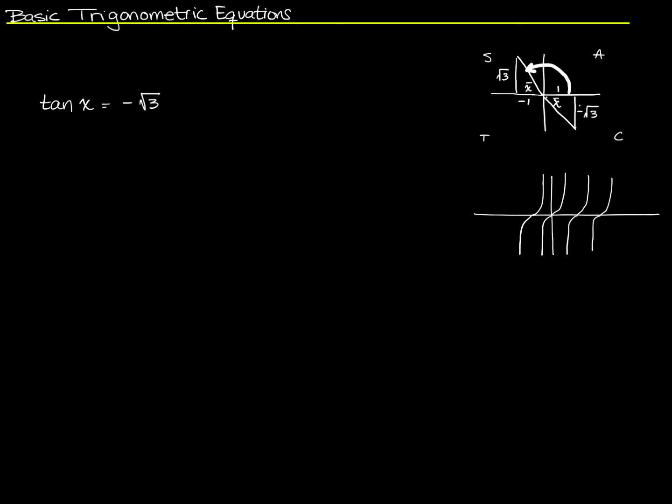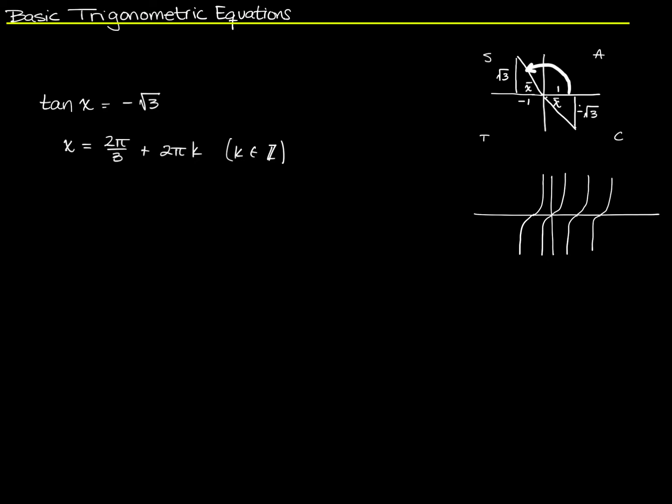Well, if I want to talk about pi over 3's, this is pi, all the way around to here would be pi. So that's 3 pi over 3. And this angle has the size pi over 3. So I'm going to take 3 pi over 3 and subtract pi over 3. That leaves me with 2 pi over 3. So the first angle that satisfies the equation, the tangent of x equals negative root 3, is x equals 2 pi over 3 plus 2 pi k, where k is an integer.